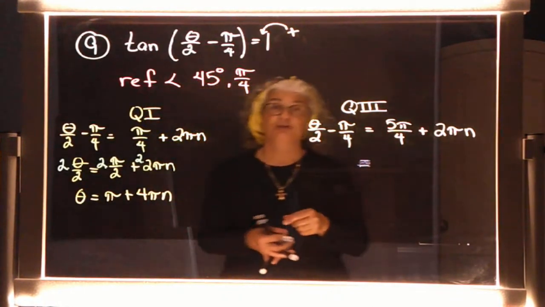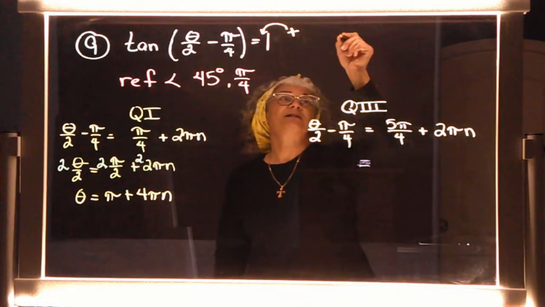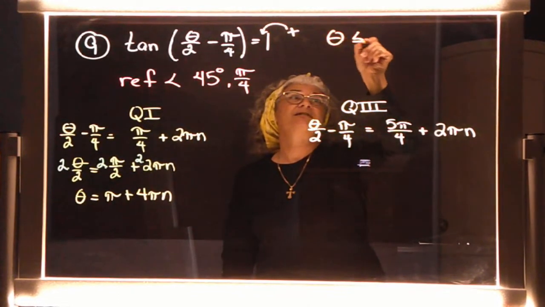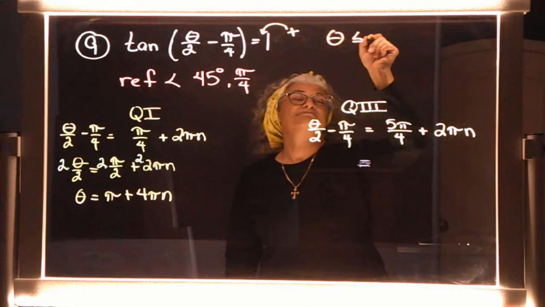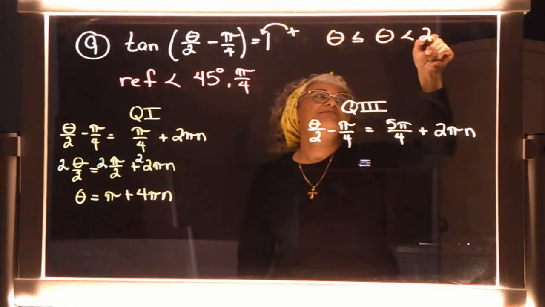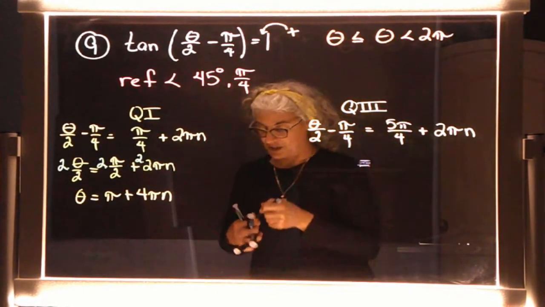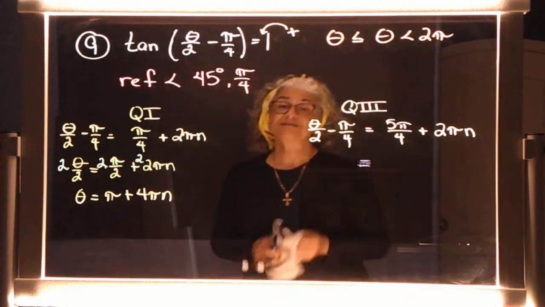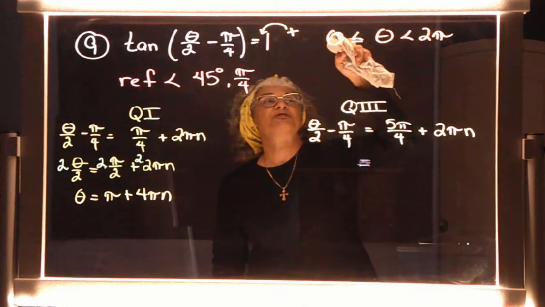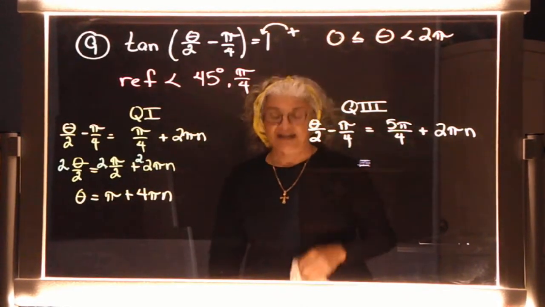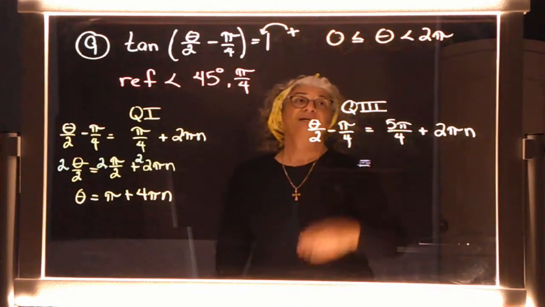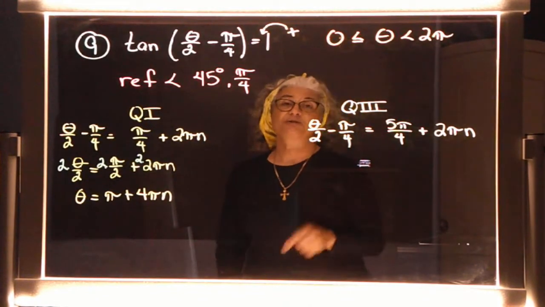Remember, the restriction we're working under is, let me fix that, your theta has to be between 0 and 2 pi. Include the 0, but not the 2 pi.